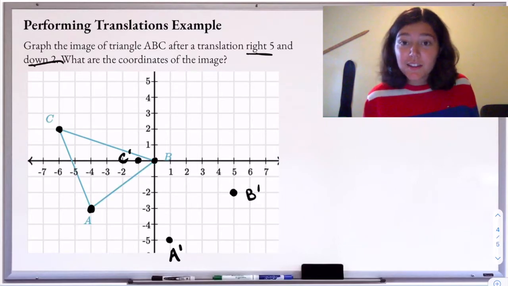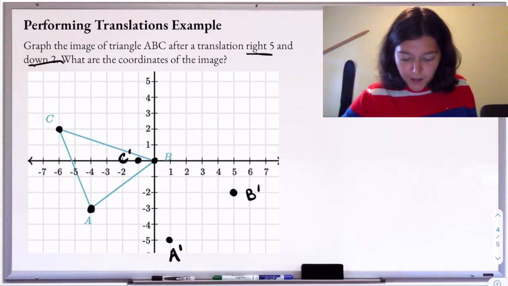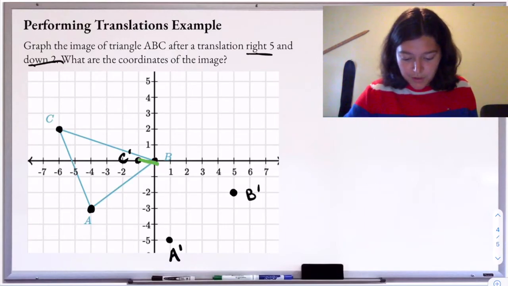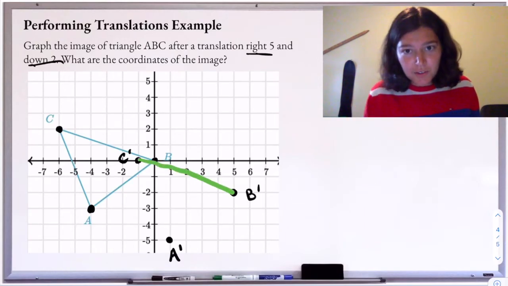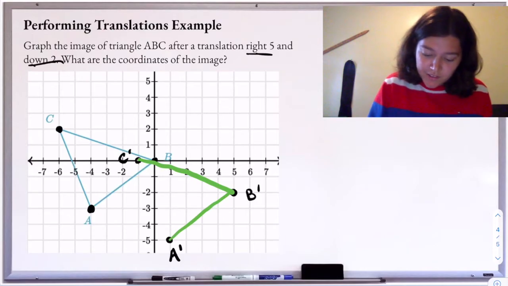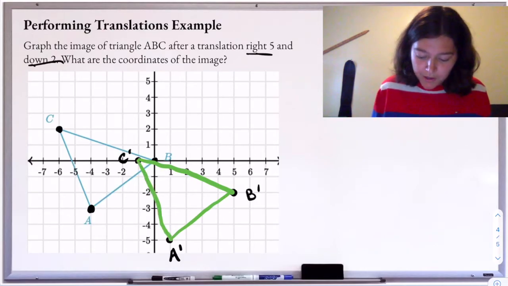So now we just need to connect the points. We know that C prime and B prime should connect and form a straight line segment, just like C and B do. Ideally you have a ruler, but I don't. Then we have A prime and B prime. We're going to connect those. And then C prime and A prime.